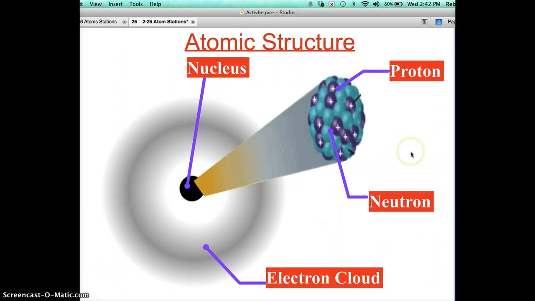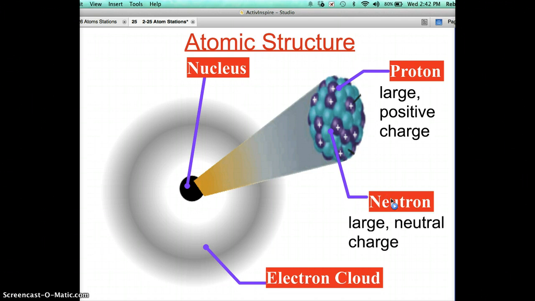Here are some characteristics of the subatomic particles that you need to know. One, you probably already know this, but the protons are actually pretty large particles in comparison to the electrons. So we would say that they are large subatomic particles, and they have a positive electrical charge. The neutrons, also inside the nucleus, are also large particles, but they have a neutral or no charge.